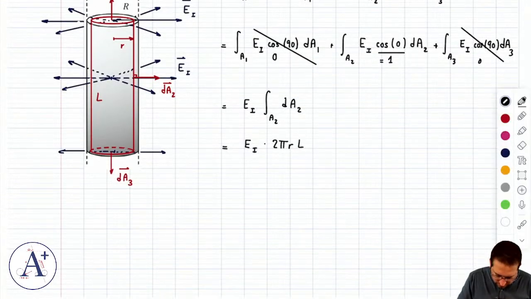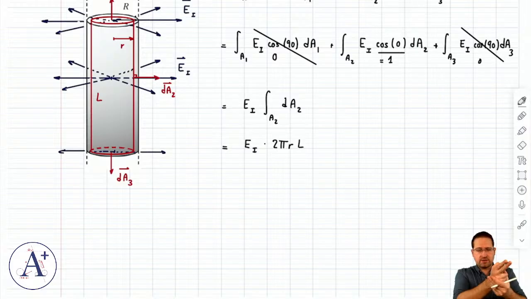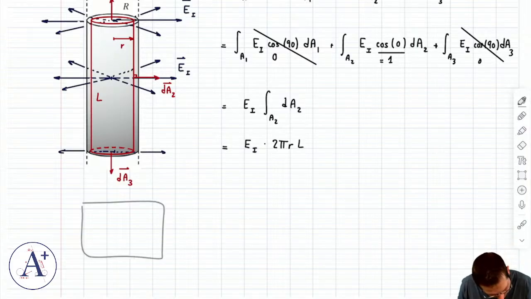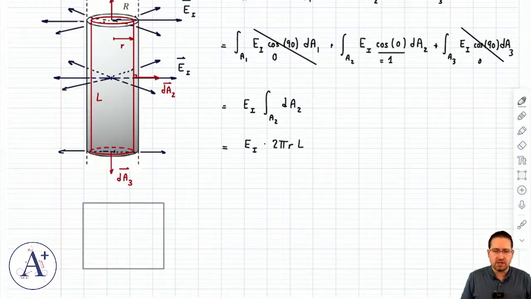Okay, if you're not convinced, think of it this way. Take a toilet paper roll, cut it down the length, right, and flatten it out on the table. Okay, you should get a rectangle, right? So if you think of it as a toilet paper roll just for the purposes of finding A2, cut it along its length, flatten it out, what do you get?